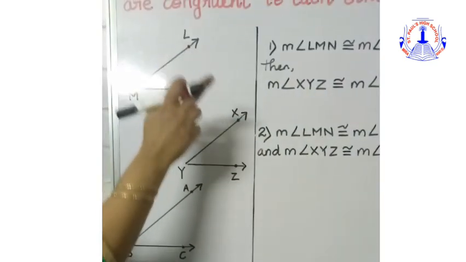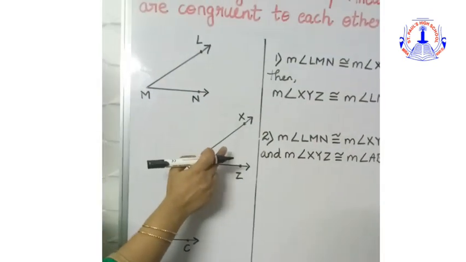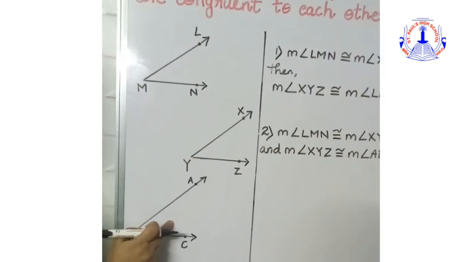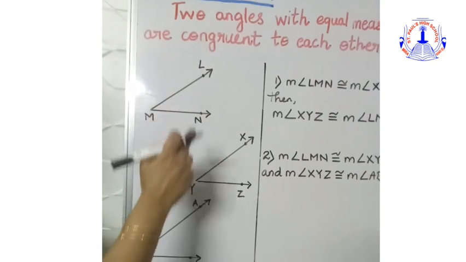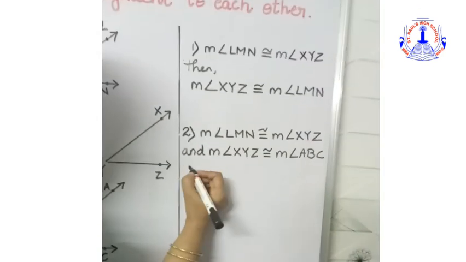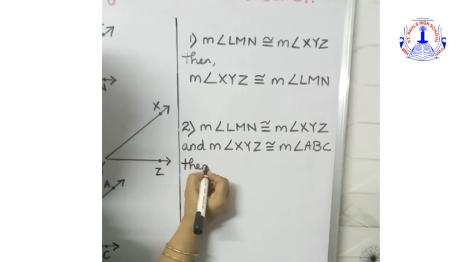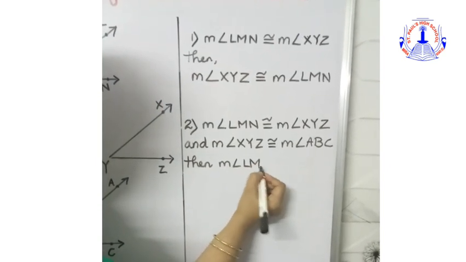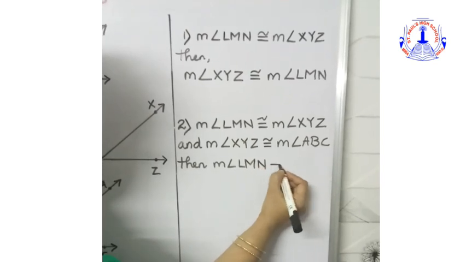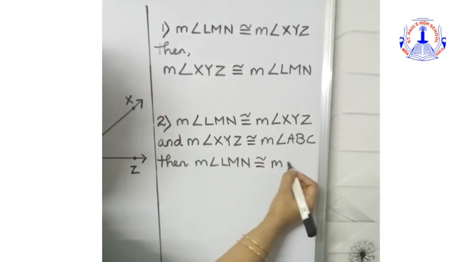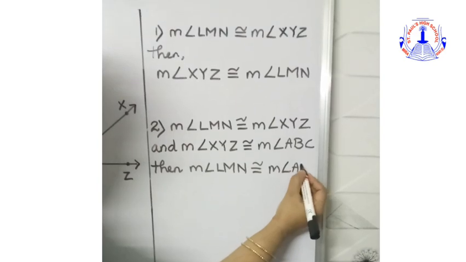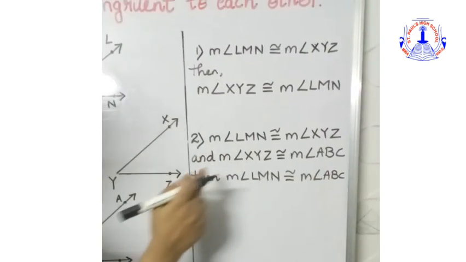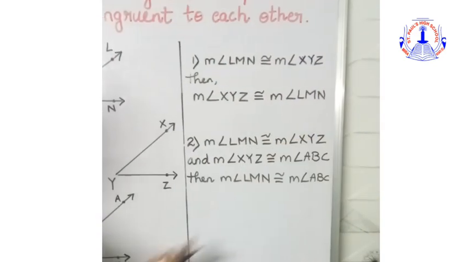That is, the first angle is congruent to the second angle and the second angle is congruent to the third angle. Then indirectly the first one will be congruent to the third. Then measure of angle LMN is congruent to measure of angle ABC because both are congruent to XYZ.